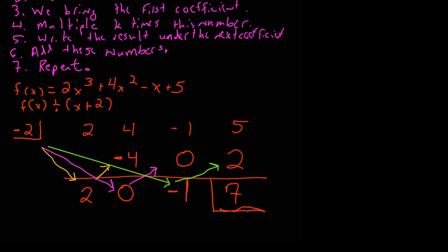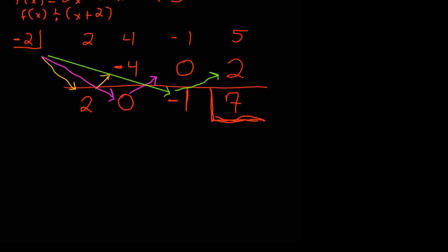Now the thing I remember is twofold. This last number is the remainder. This number is x to a degree less than 1, so one less than the first term.